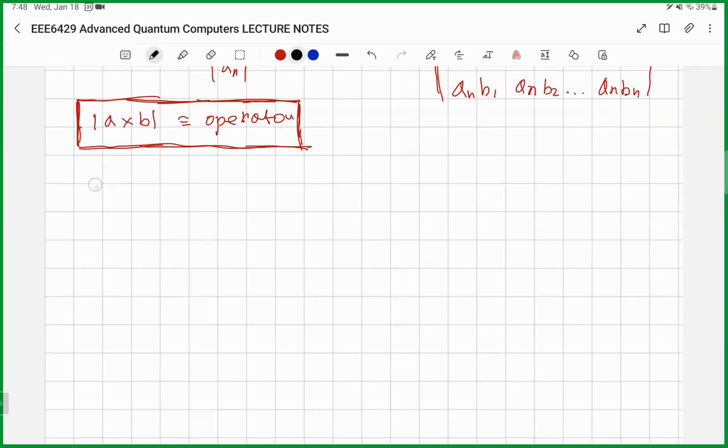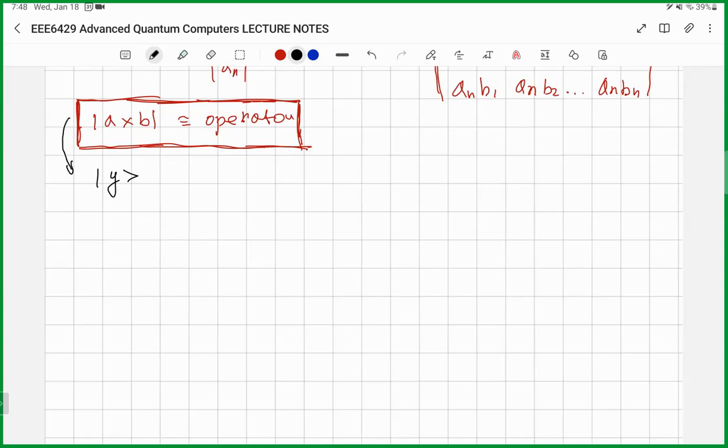It's not x. X is easy to mix up with this x of the ket bra product. So let's take y. So let's take any arbitrary y vector, and let's apply this operator on this vector, right?